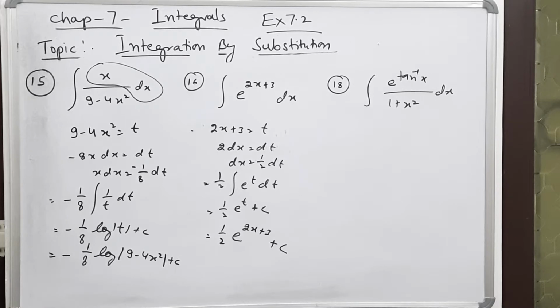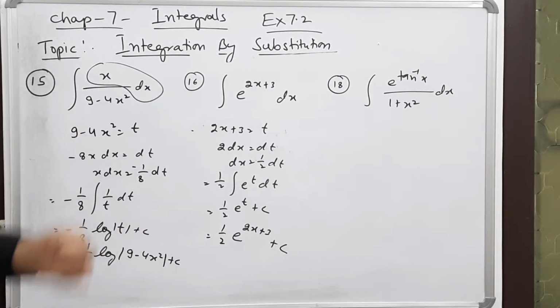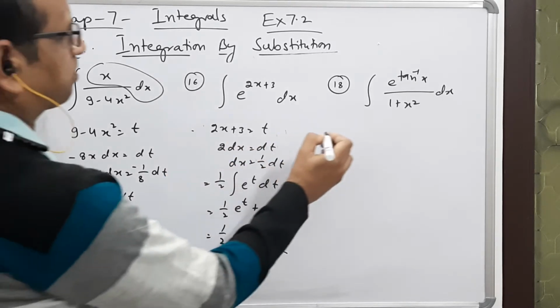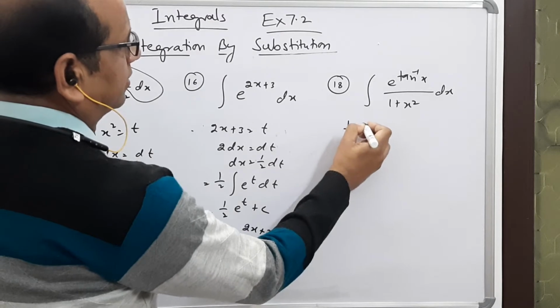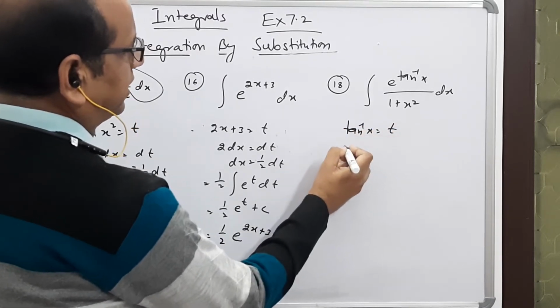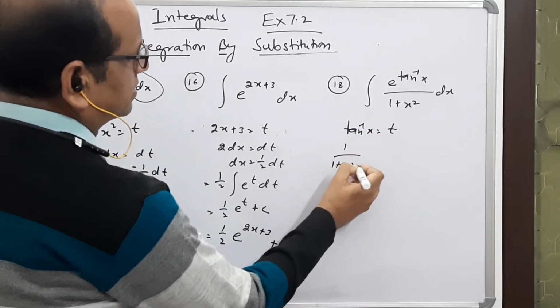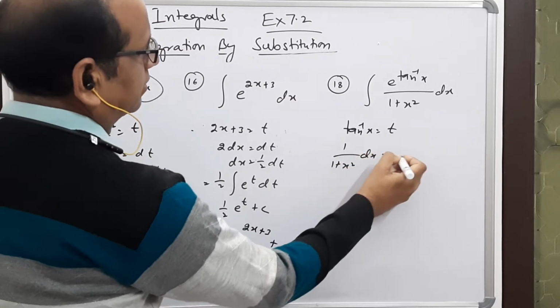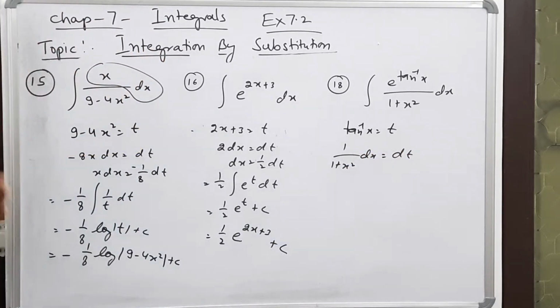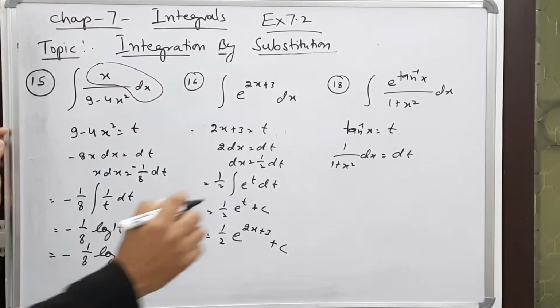In the next one, there is a function here, e power tan inverse x, and its derivative is 1 upon 1 plus x square. So in this sum, we can take tan inverse x as t, then 1 upon 1 plus x square dx is dt. It is already available there. So we proceed for that.